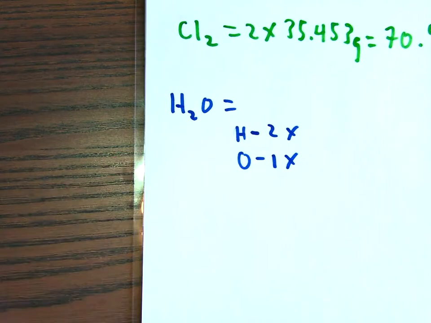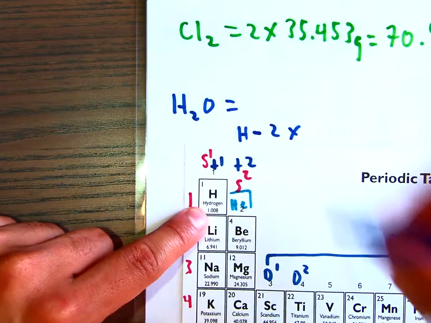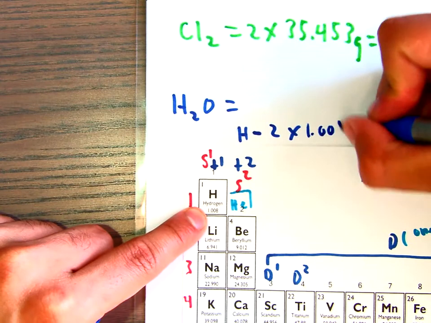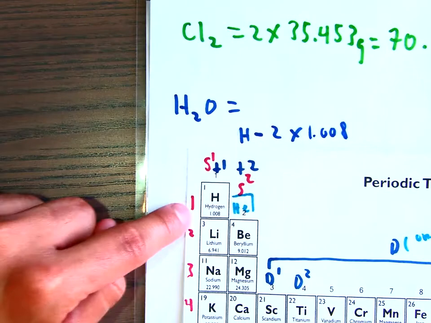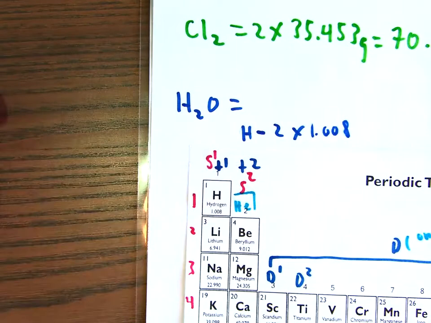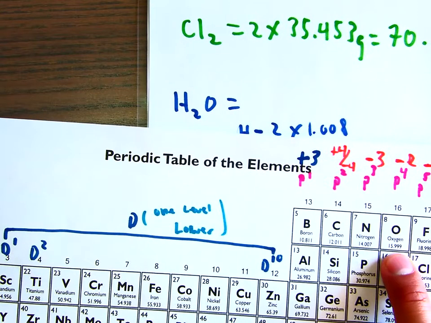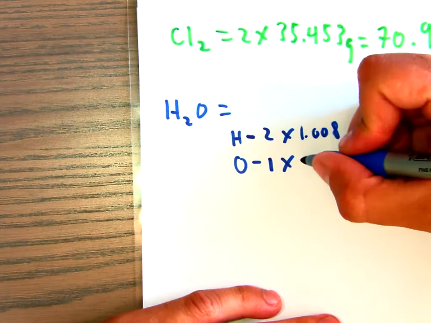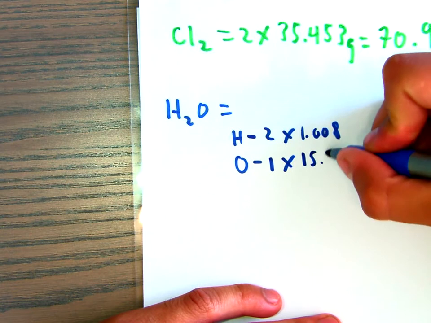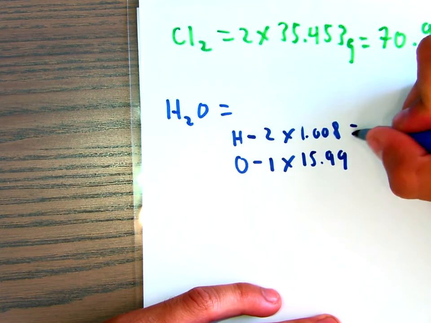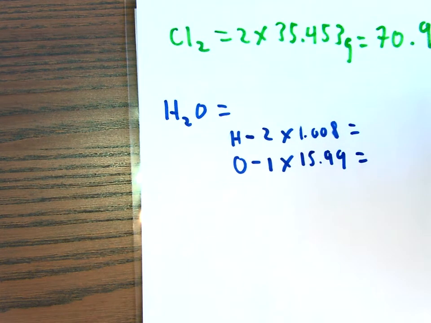The molar mass of hydrogen is 1.008. The molar mass of oxygen is 15.99. Okay. Then we just multiply.